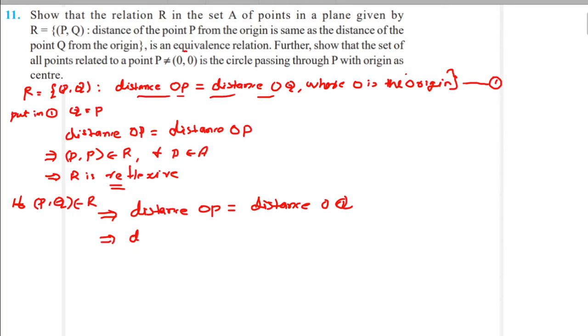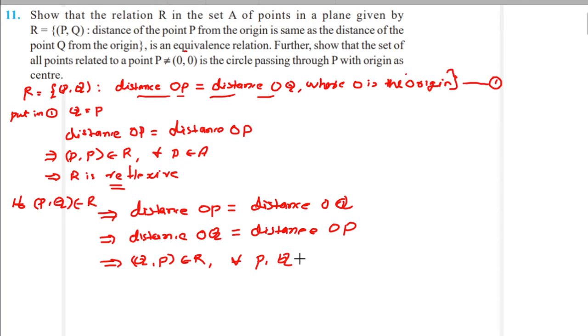First you can write distance OQ, that is also the same as distance OQ equal to distance OP. This implies (Q, P) belongs to R for all (P, Q) belongs to A. Therefore, R is a symmetric relation.